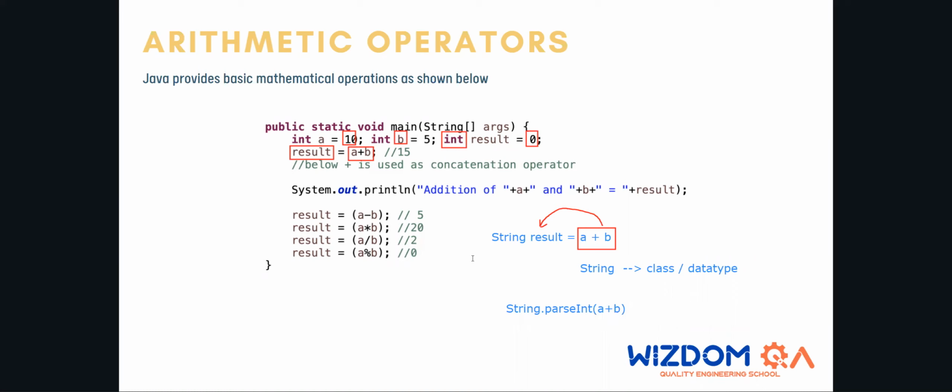So when you do this kind of operation, you must understand one thing very clearly: your left-hand side, which stores your result, and your right-hand side should at least have similar data types. If they don't, you will get an error.